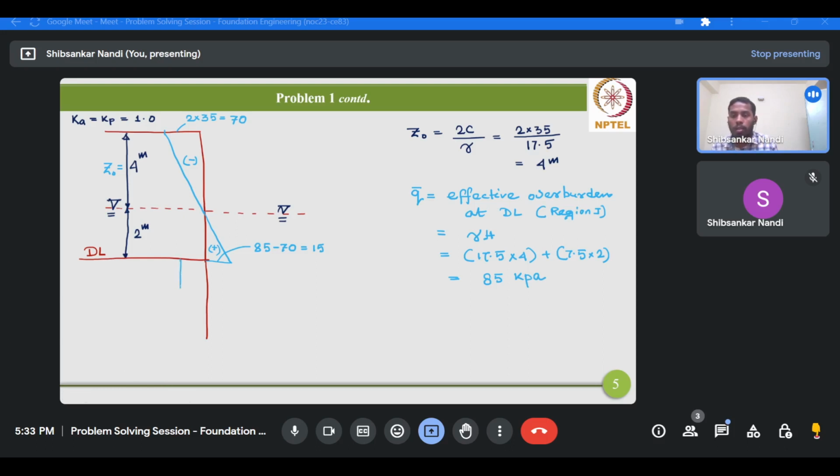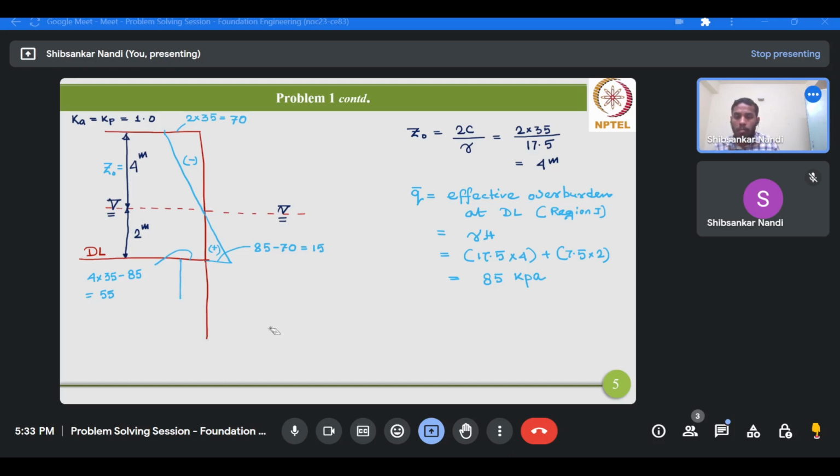So 4C minus Q bar, this value is 4 times 35 minus 85, that is 55 kPa.